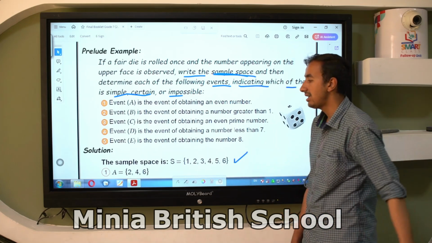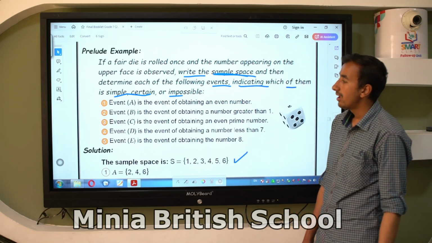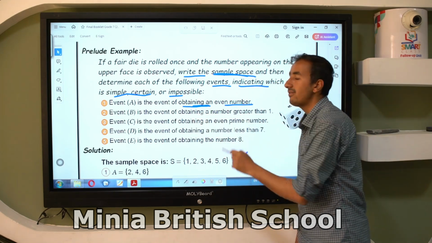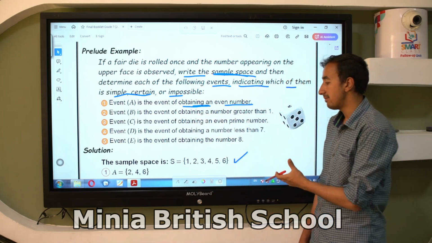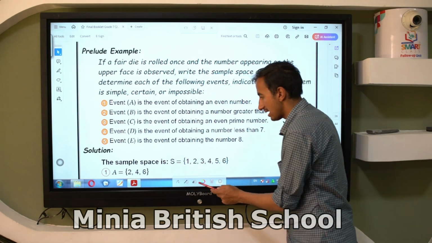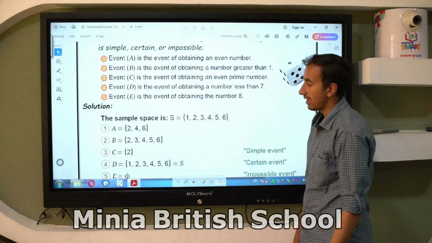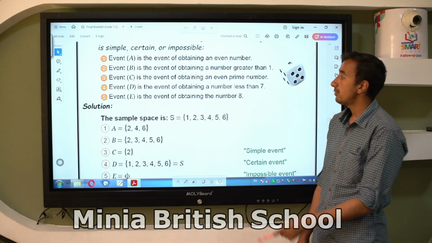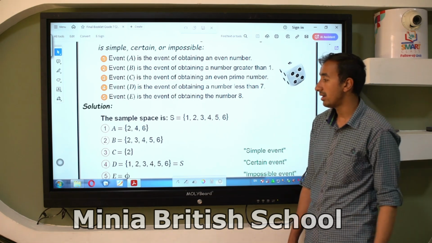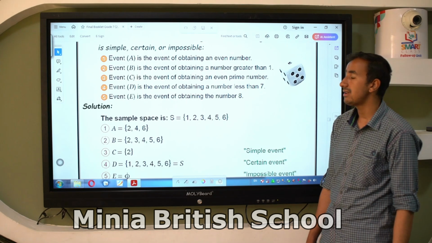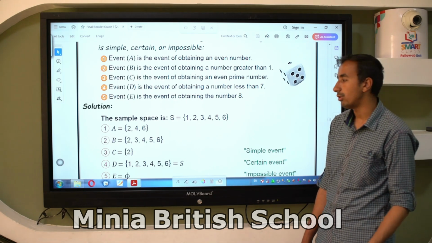Event A is obtaining an even number from these numbers: 2, 4, 6. We write event A as the set {2, 4, 6}. Event B is obtaining numbers greater than 0: 1, 2, 3, 4, 5, 6. Event C is obtaining an even prime number, only 2.